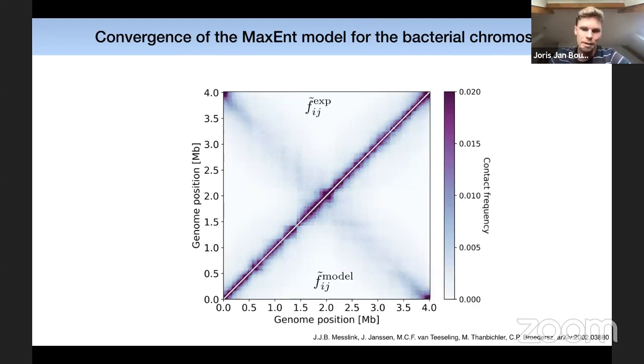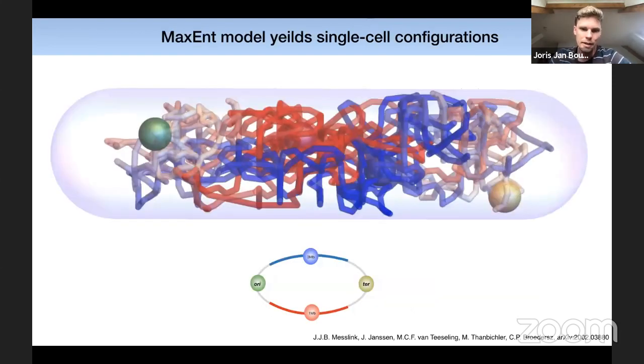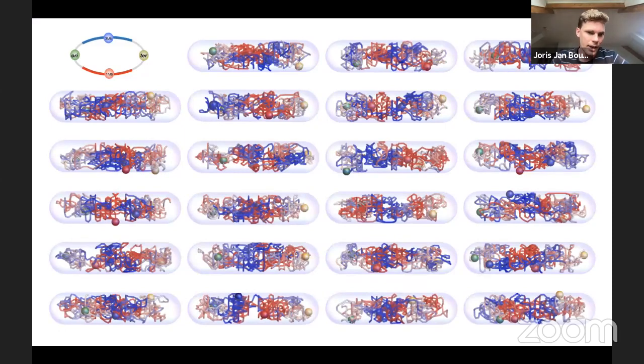So now that we've done this, we can generate lots of single cell configurations, such as the one I'm showing here. And just as a guide to the eye, I've labeled the origin in green and the terminus in yellow. And with our algorithm, we can now generate lots and lots of single cell chromosome configurations and then ask questions about spatial organization from them.